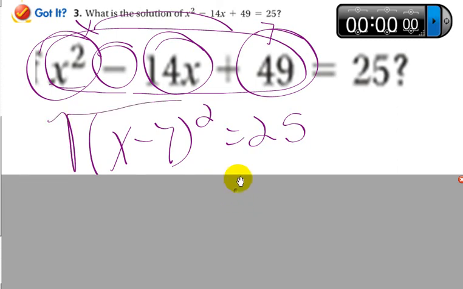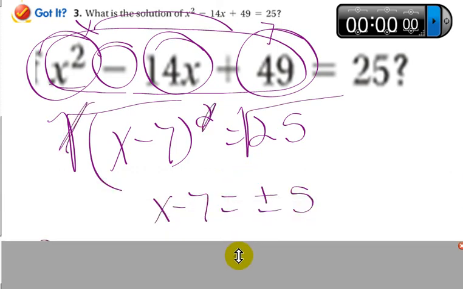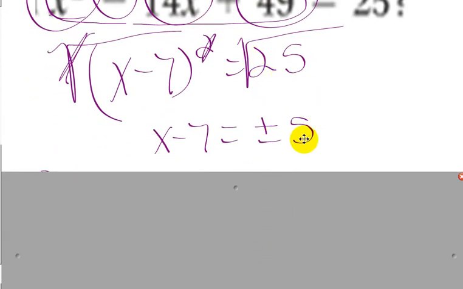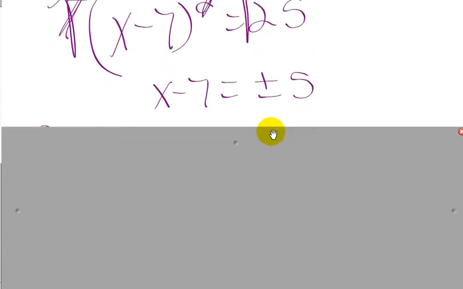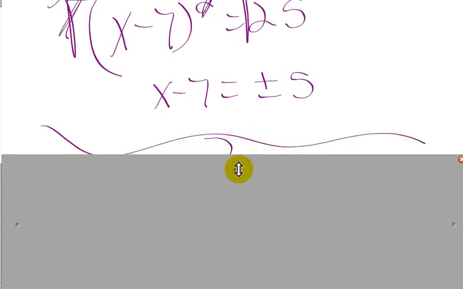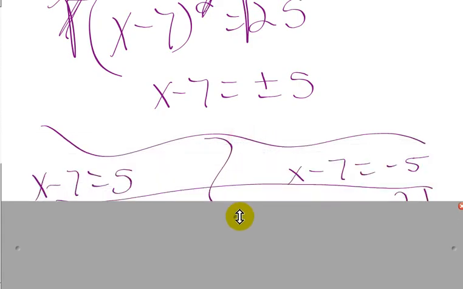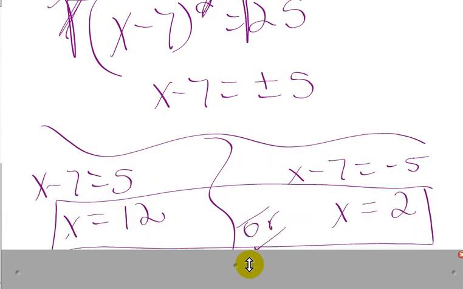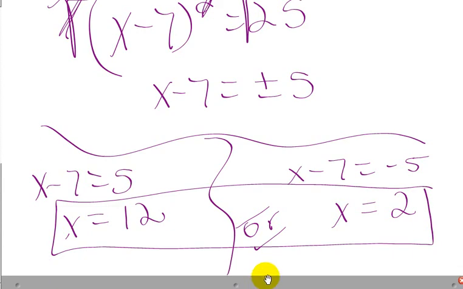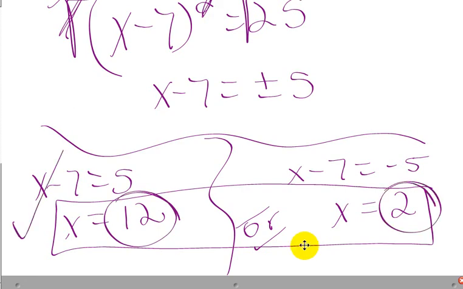All we do is take the square root of each side, and that cancels out, and you get x minus 7 equals positive or negative, and the square root of 25 is 5. Now, you're going to solve it both ways, as x minus 7 equals a positive 5 on the left, and x minus 7 equals a negative 5 on the right. And when you solve, you're going to get x equals 12 or x equals 2. And that's our answer.